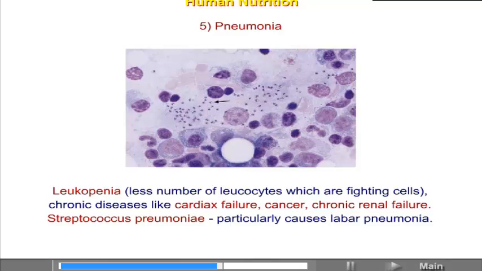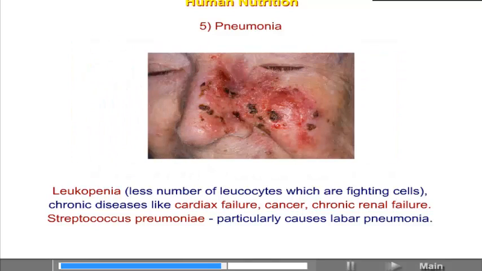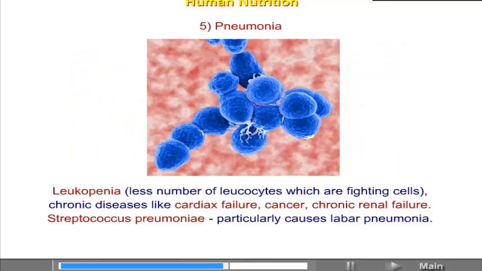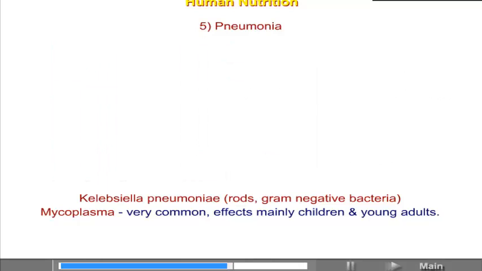Leukopenia, that is less number of leukocytes which are fighting cells. Chronic diseases like cardiac failure, cancer, chronic renal failure. Streptococcus pneumoniae particularly causes lobar pneumonia. Klebsiella pneumoniae, rod-shaped gram-negative bacteria.